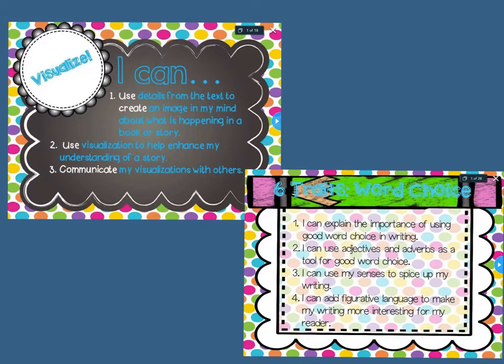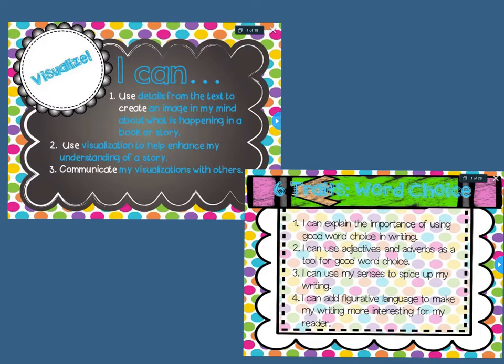Now, word choice is this. I can explain the importance of using good word choice, which we know will help us visualize. We can use adjectives and adverbs as a tool for good word choice, also using good, strong verbs to help our readers visualize. And then we can use our senses to help spice up our writing.